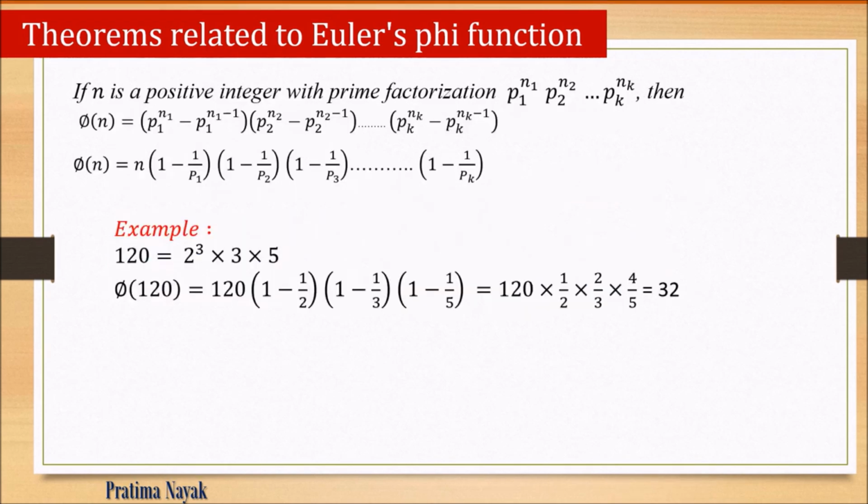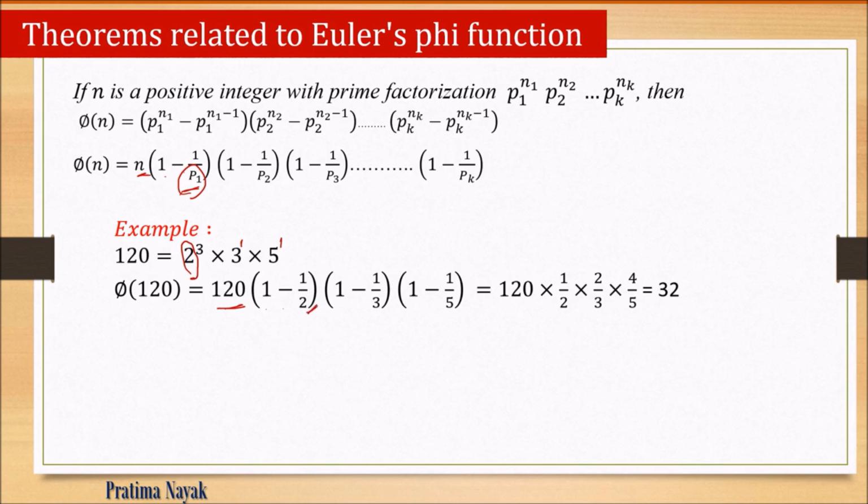So let us take some examples. For example, 120 can be written as 2 power 3, that is 8, into 3 into 5. That means here p1 is 2, p2 is 3, and p3 is 5. Here n1 is 3, n2 is 1, and n3 is 1. So when I write phi of 120, it will be n, which is 120, multiplied by 1 minus 1 over p1, that is 1 minus 1 by 2, not power 3.